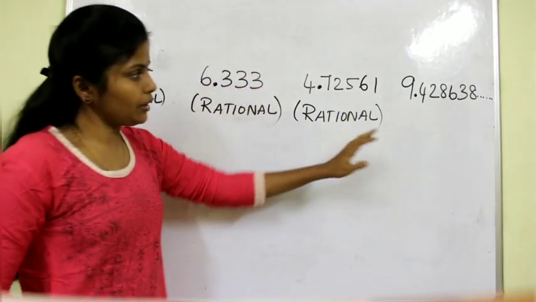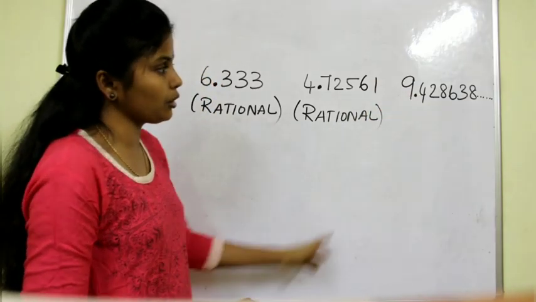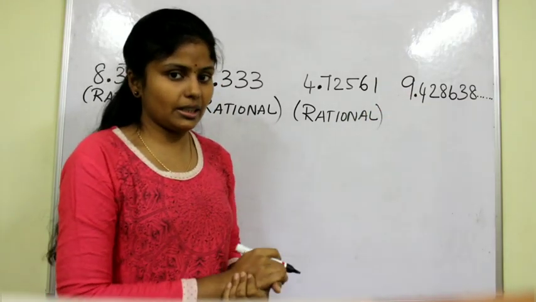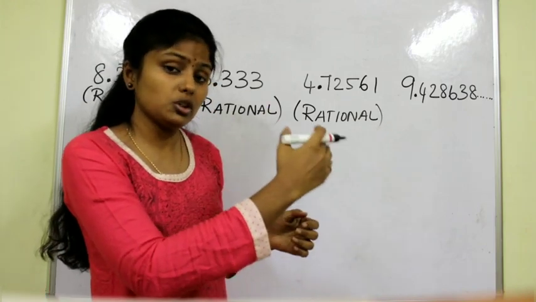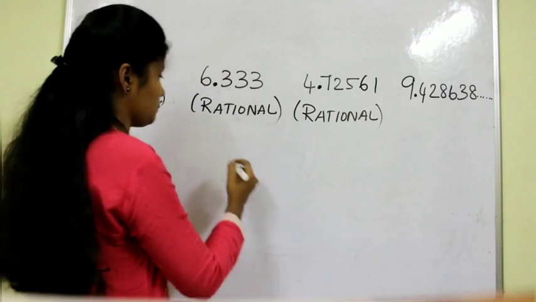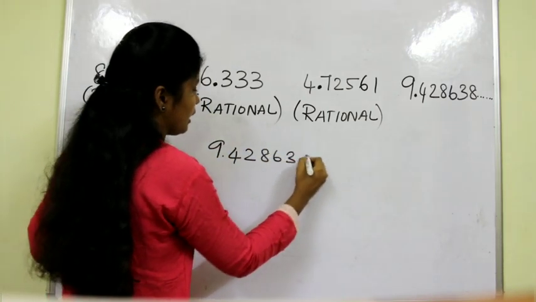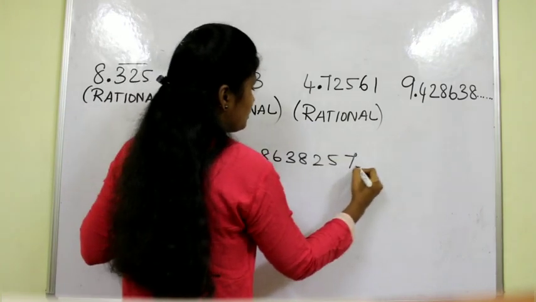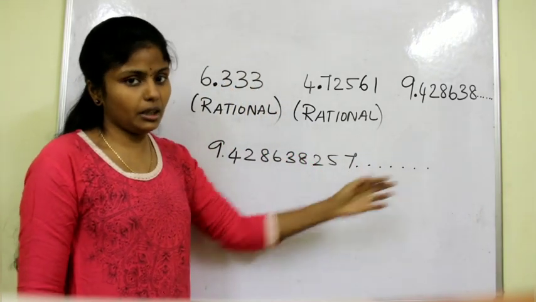So yes, let's get into the last example, 9.428638, which actually says that no numbers are repeating and it's not stopping at one point. So let me take that example, 9.428638 and it goes on without repeating until infinity.